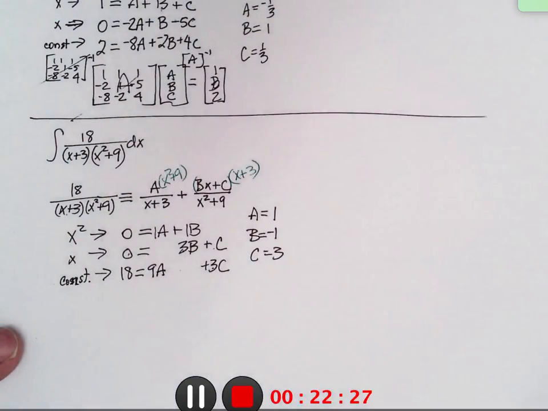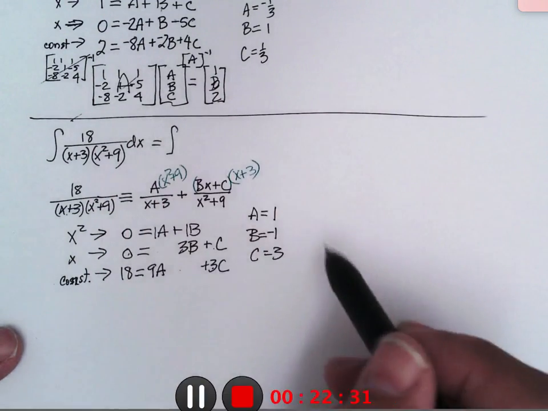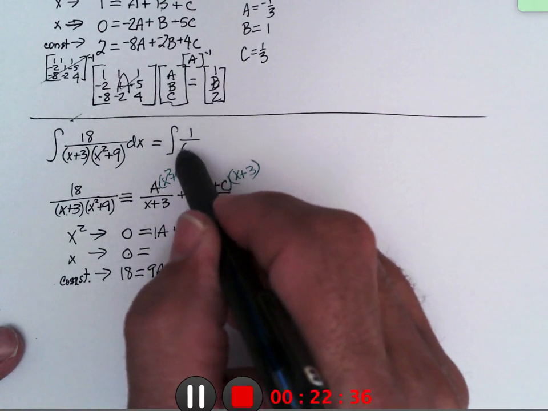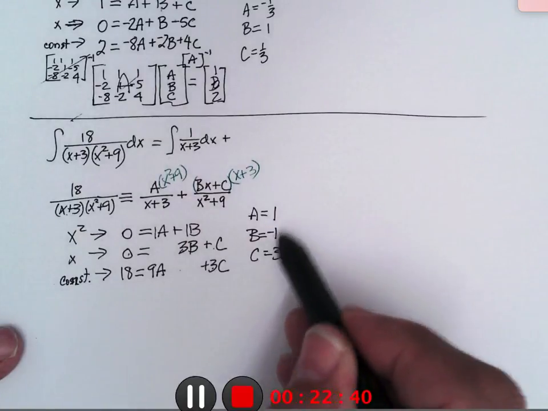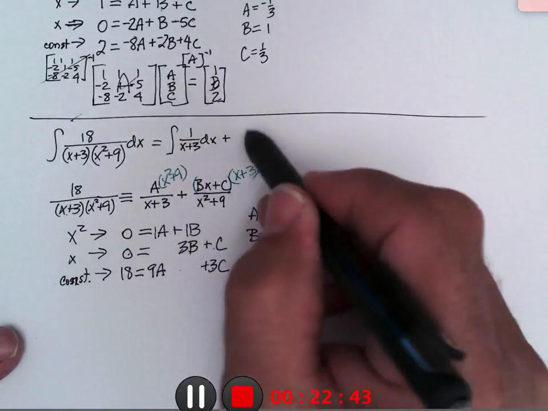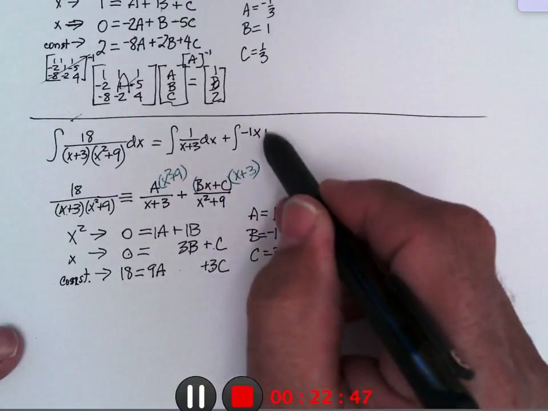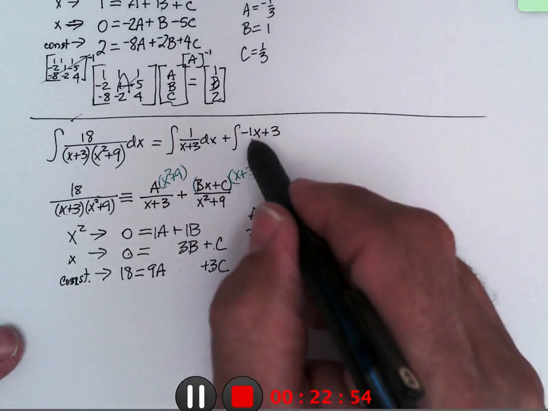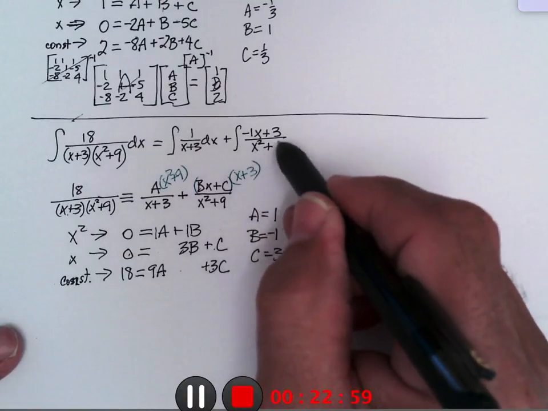So this integral becomes the antiderivative, or the integral of 1 over x plus 3 plus -1 x plus 3, over x squared plus 9 dx.